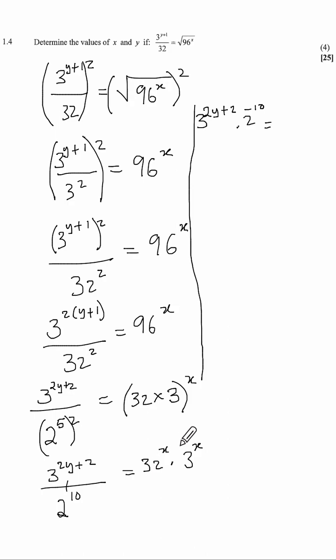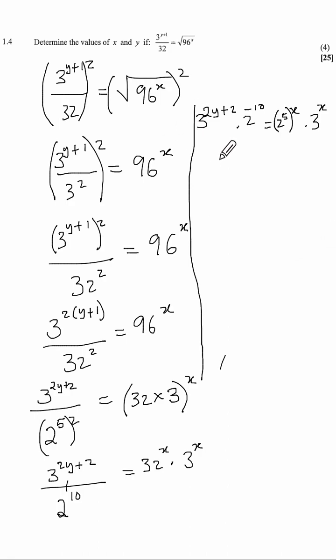So that 5 and x should multiply each other, right? So maybe let's just do one step at a time. So instead of 32, I'm writing 2 to the power of 5. So this 32 has been written as 2 to the power of 5, and there is a power of x outside, by 3 to the power of x, which is this one here.